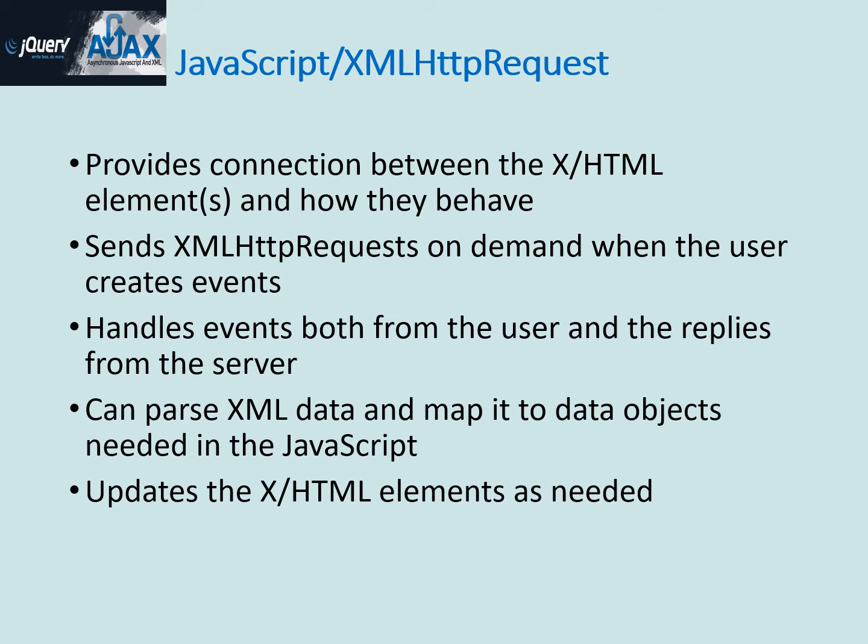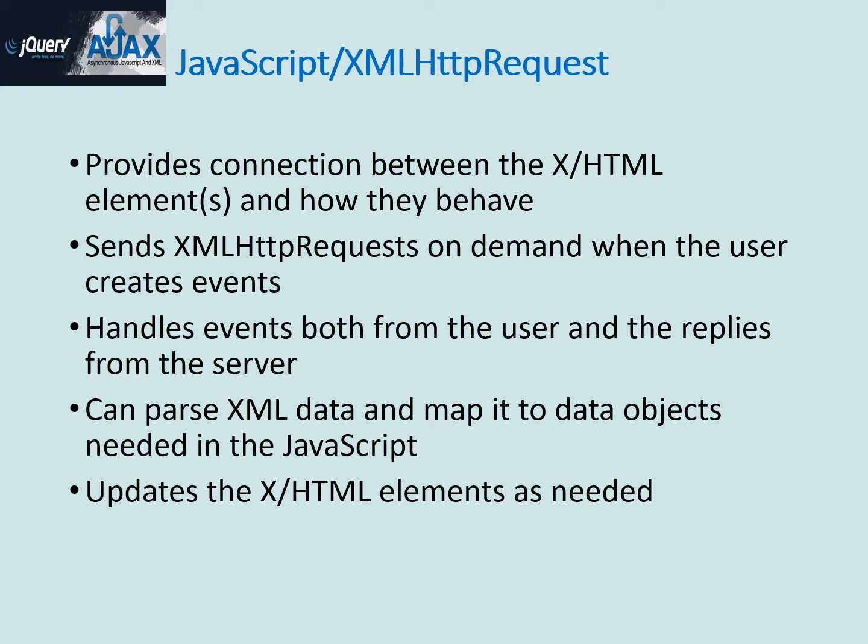Now let us have a look at the JavaScript XML HTTP request. It provides a connection between XHTML elements and how they behave. This makes a connection between XHTML or HTML elements and how they behave in a particular document.